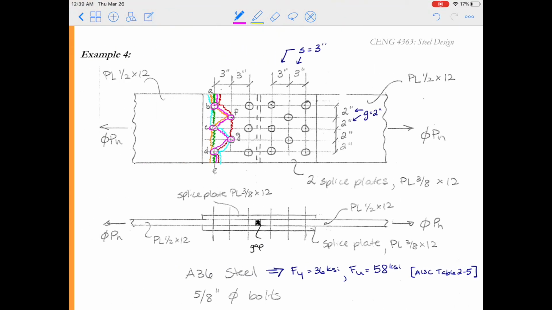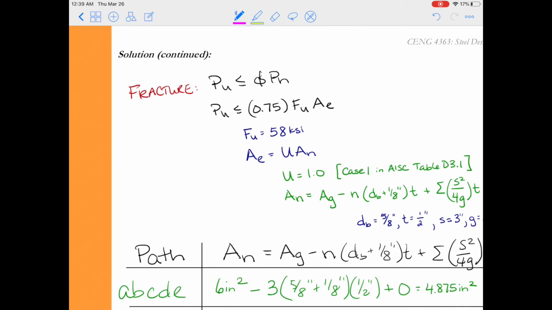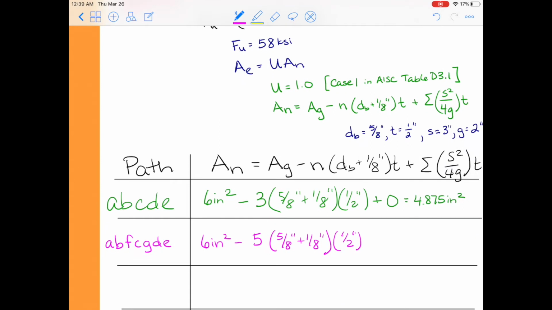And now we have to look at the diagonal path. So if you look and follow that magenta path, it follows 4 diagonal paths. So we're going to add to this term 4 times s squared over 4g. If we look at our example, we can figure out that s, the longitudinal spacing between the bolts, is going to be 3 inches, and g, the gauge spacing, is going to be 2 inches.